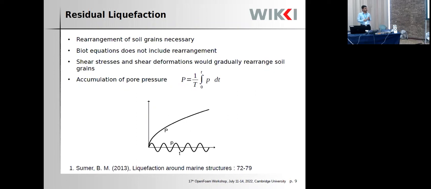So we need to calculate the accumulation of the pore pressure, and that can be calculated from this equation. Just to give you an idea, the small p, the pore pressure, is the one that we get out of the Biot equations, and then this is the pore pressure buildup, the accumulation of pore pressure, that is going on.